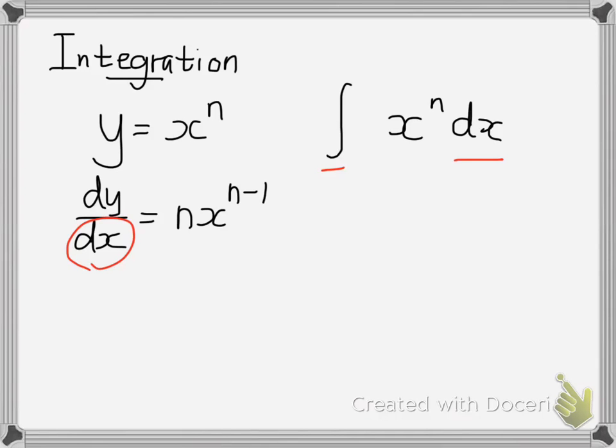You differentiate with respect to x. So now same thing, you're gonna integrate with respect to x. Okay, so x is the only variable right here, similar to when we did differentiation. As we said, it is a reverse of differentiation.